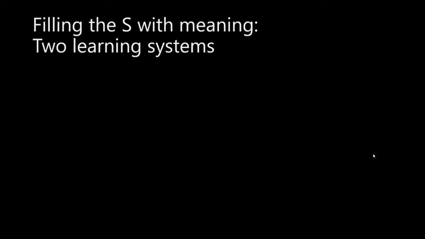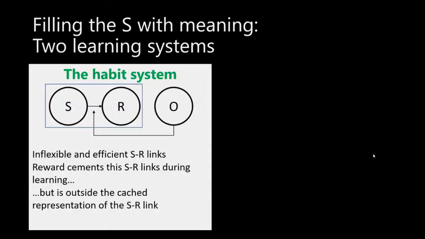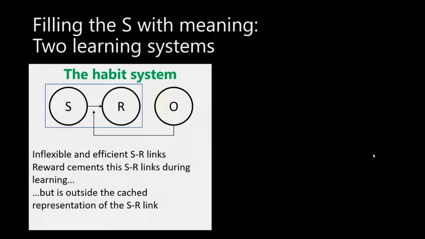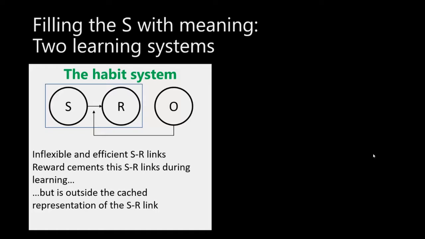And this is probably related with the next part of this introduction, that is how we learn this meaning. Well, we know that we have two different learning systems, which both support reinforcement learning, this kind of information.